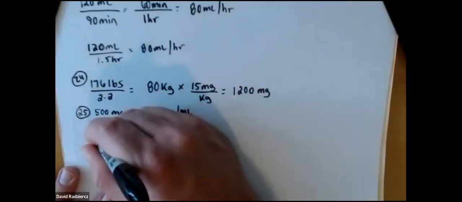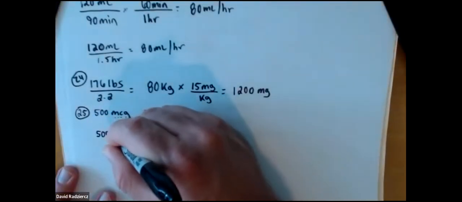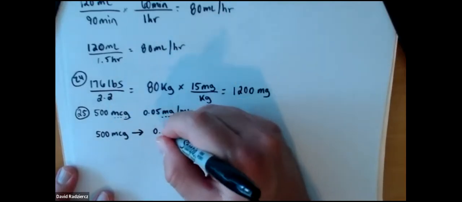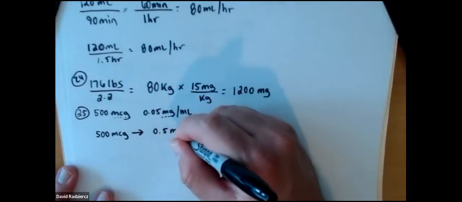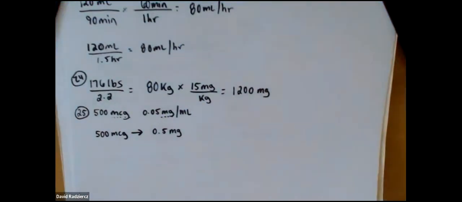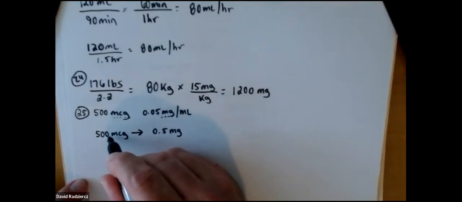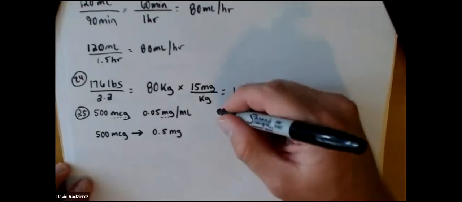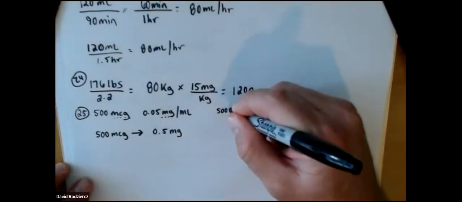So let's start off by taking my 500 micrograms and converting that to milligrams. If you just said 0.5 milligrams, you got it. If you're not there yet, remember you can move your decimal over 3 to the left and get the same answer, 0.5, or we can use dimensional analysis.